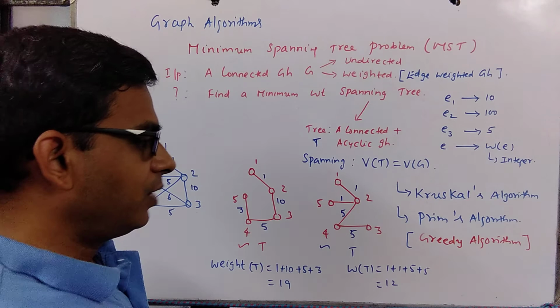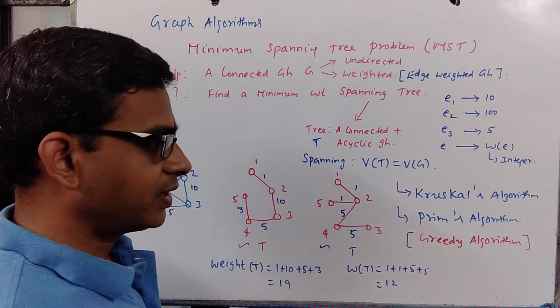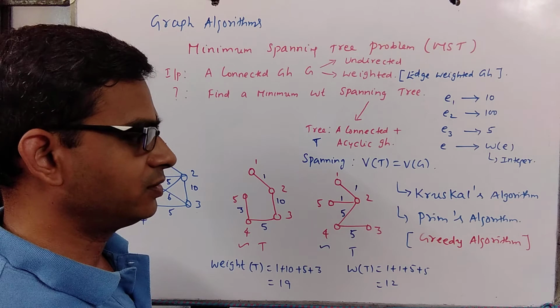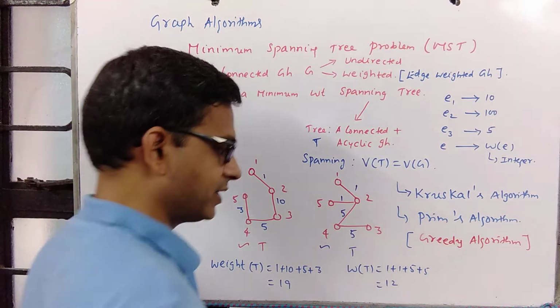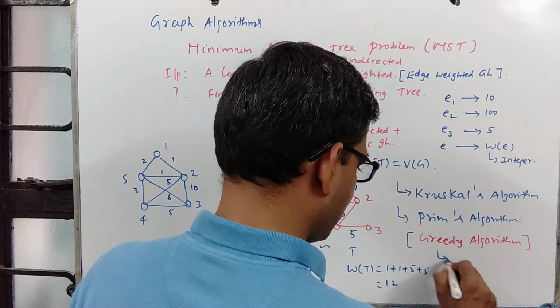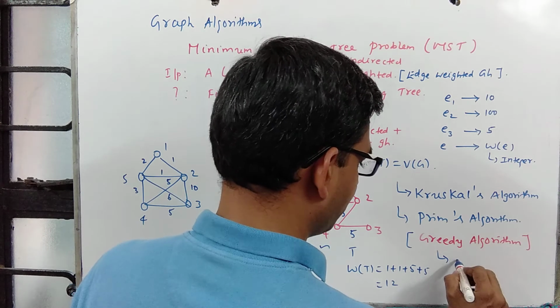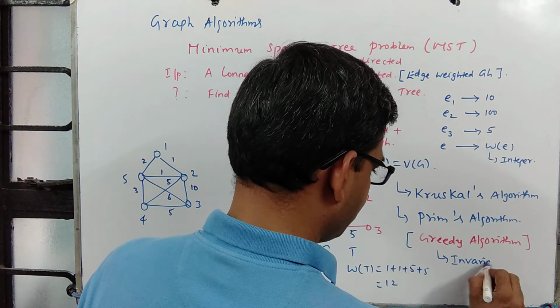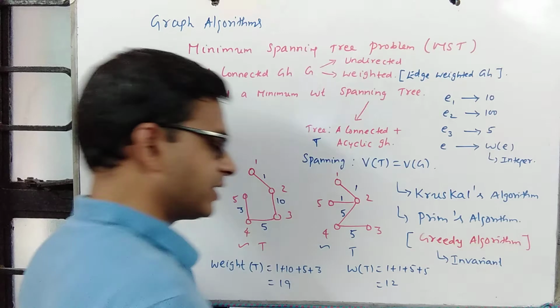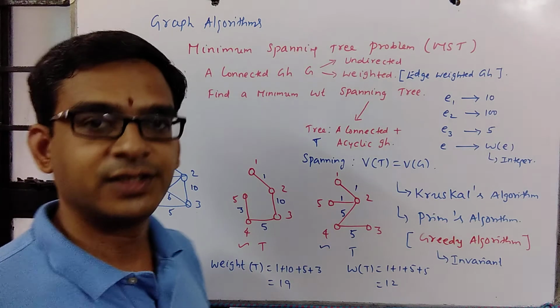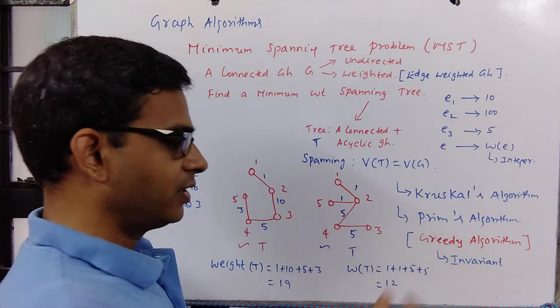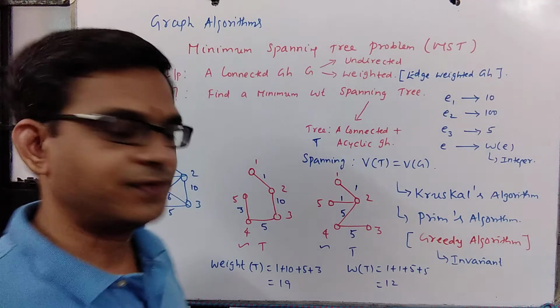Fine. And both algorithms preserve a property, or maintain an invariant. We will also look at what that invariant is, which we will use as part of our proof of correctness. Both of them maintain an invariant which will be preserved iteration after iteration, which is why it's called an invariant, a property that is preserved iteration after iteration.